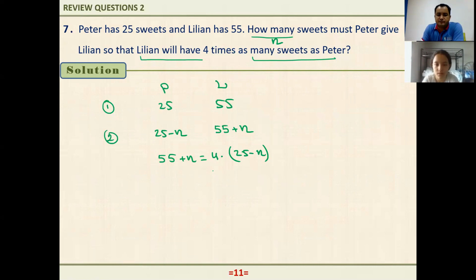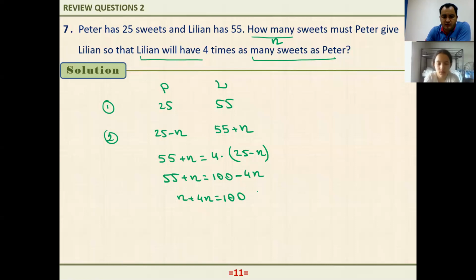That is our equation. So now if you solve this, here we have 55 plus n equals 4 times 25, 100 minus 4 times n, 4n. Take 4n to the left-hand side. Here we have n plus 4n. Here we have 100.